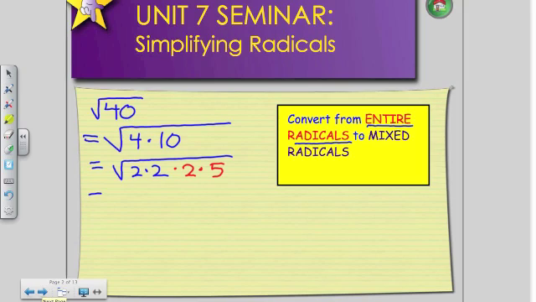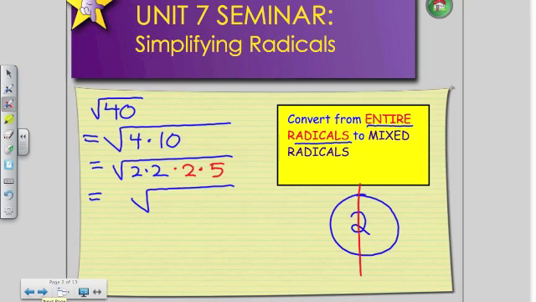Now, I can take a pair of numbers outside of the radical sign. And just to review the concept of radical numbers, if this is the whole number 2, radical 2 or root 2 is like splitting this number in half. And each half represents root 2, another root 2. So 2 root 2's together makes the whole number 2.